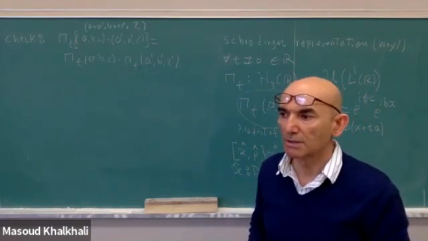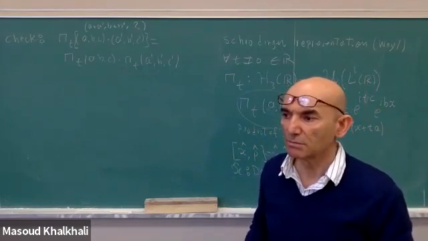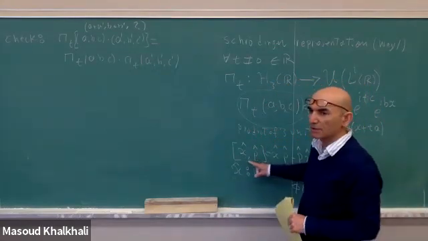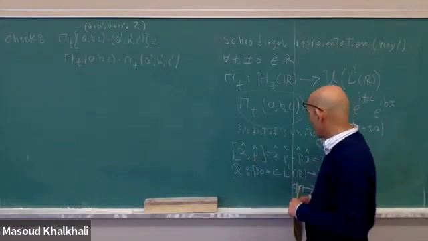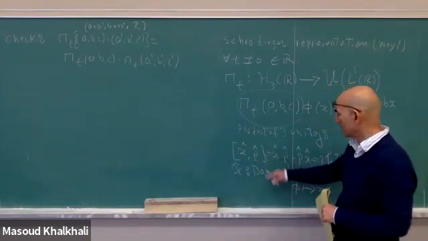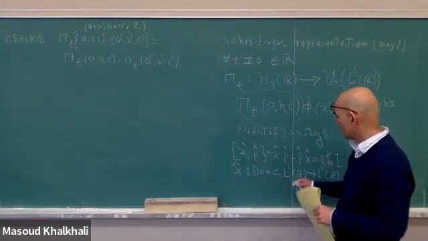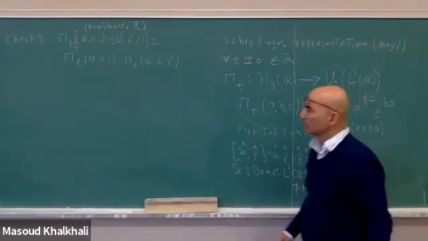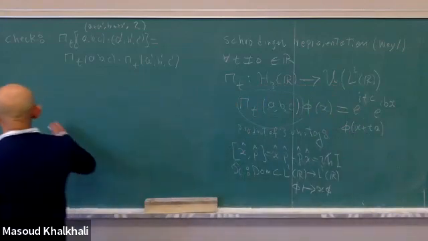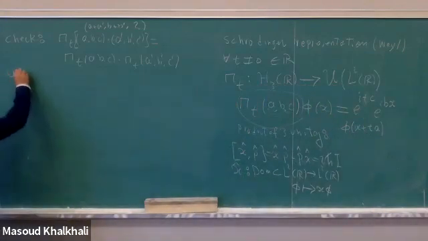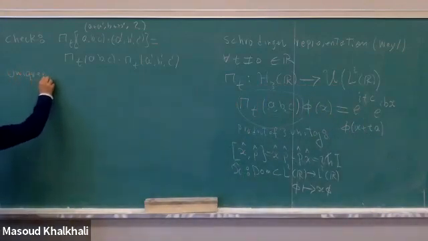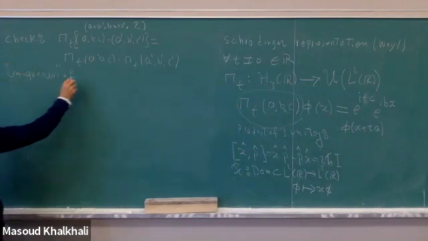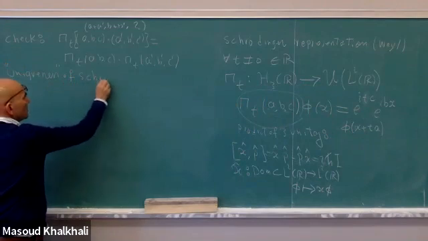The spectrum may change and things might change, because this L2 of R is all that's suggested by quantum mechanics, and representations could be arbitrary. So this was the question of the uniqueness of the Schrodinger representation.